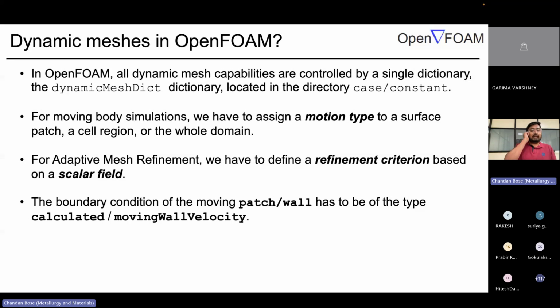It has to be a moving wall velocity boundary condition, because this tells the code written in OpenFOAM that it will go and read the dynamicMeshDict to see what type of mesh motion has been applied, and it will change the boundary condition accordingly on the patch.